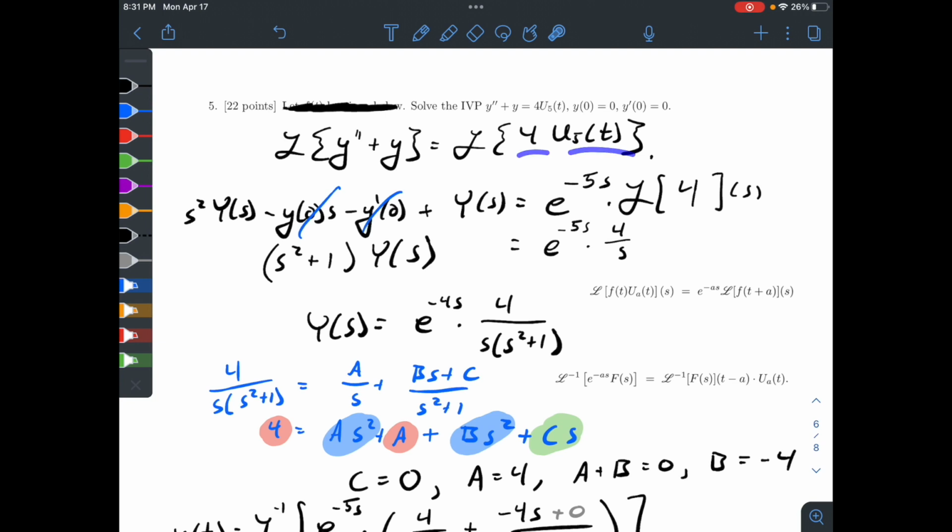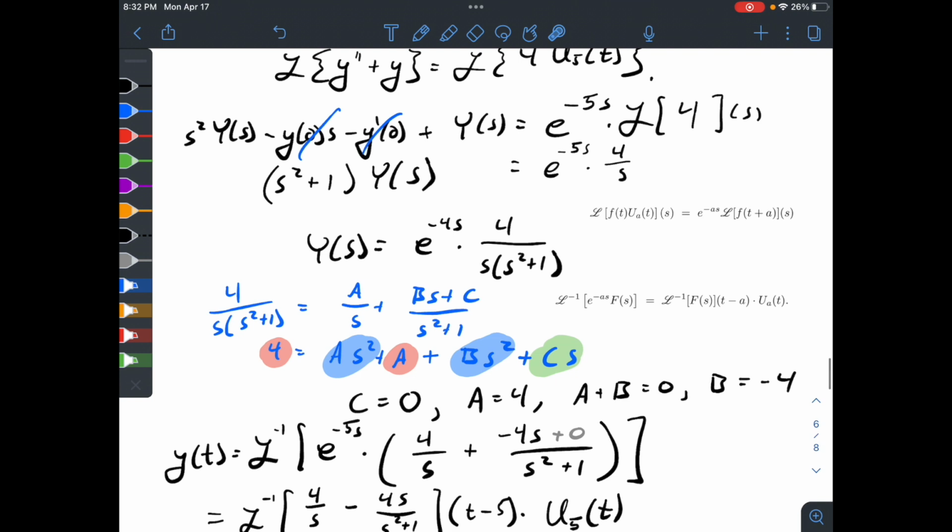Our right-hand side, 4 times u5 of t, because this was u5, we had an e to the negative 5s times L of just 4. We're replacing our t's with t plus 5s over there, but there weren't any t's, so we just get 4 over s for that Laplace transform.